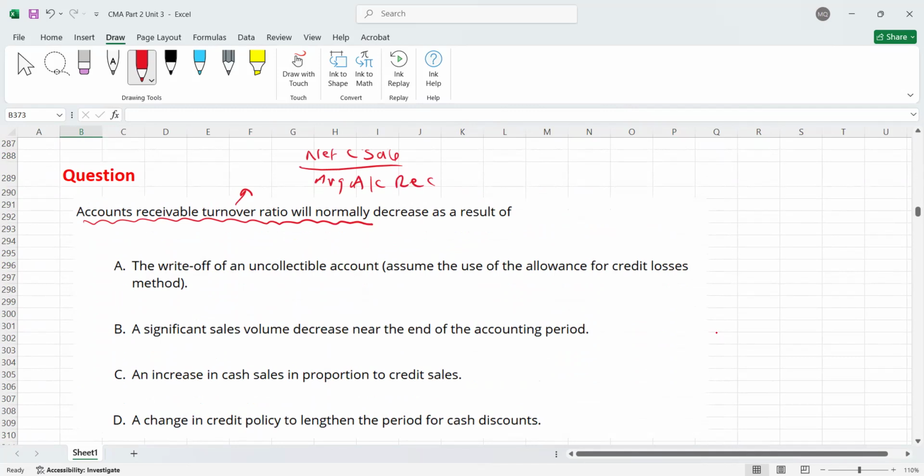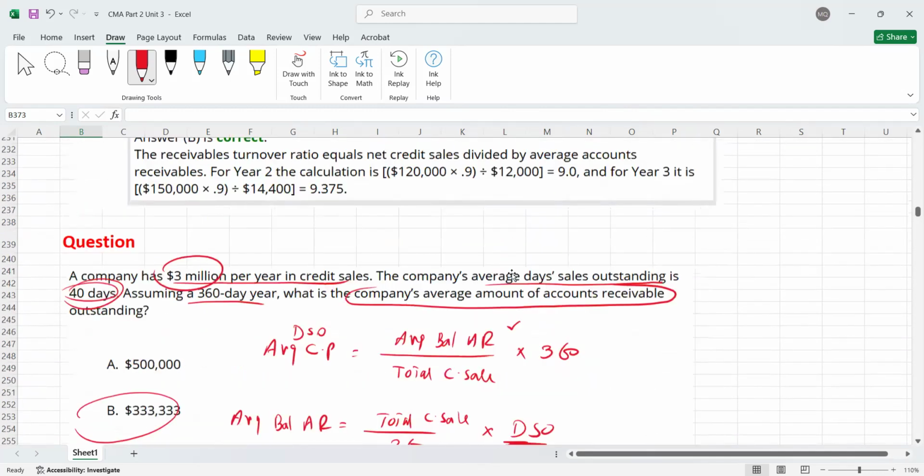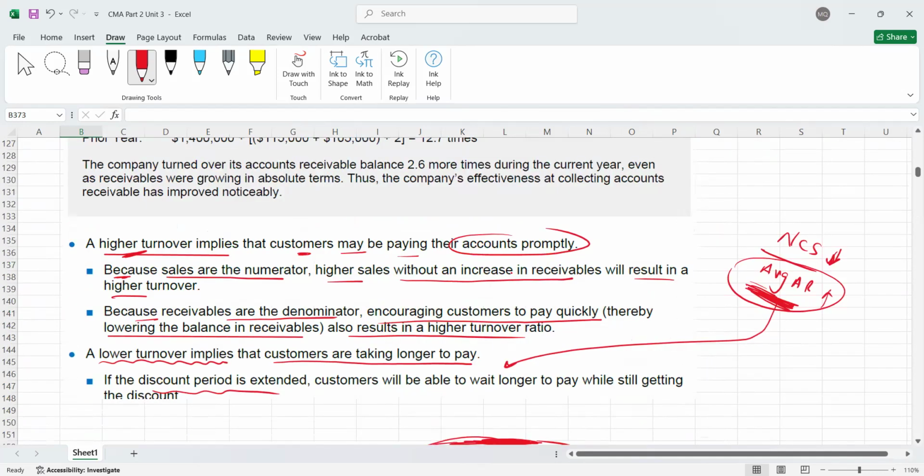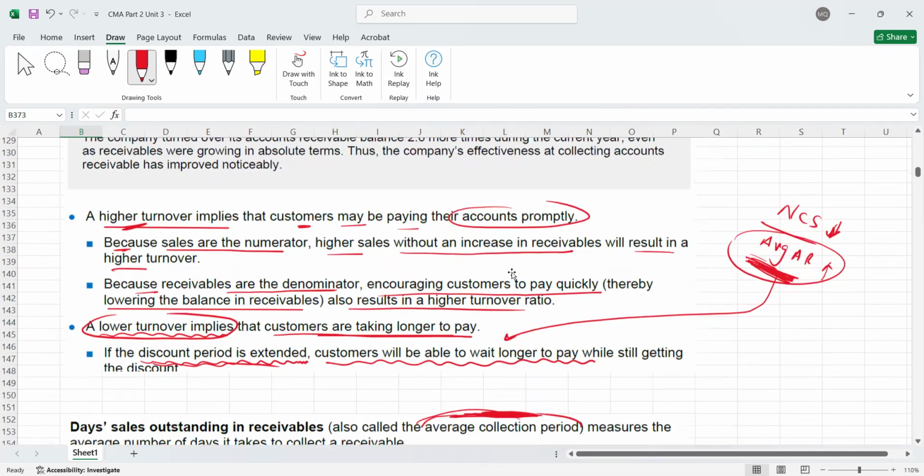Now the question is why this turnover ratio will decrease. Let's go to the reasons. I have already explained these reasons. If you go back to the turnover ratio, lower turnover implies that customers are taking longer to pay. The reason could be that if the discount period is extended, customers will be able to wait longer, which will increase the receivable figures, which will decrease the turnover. So go back.